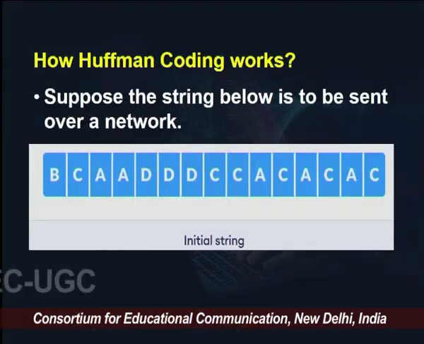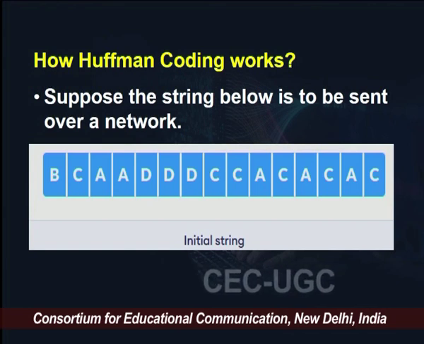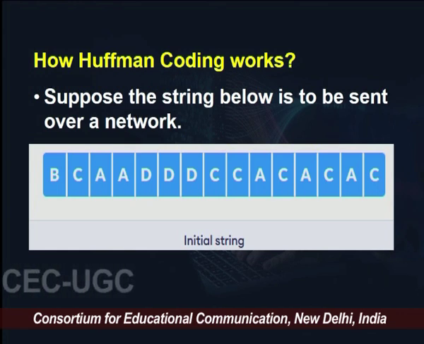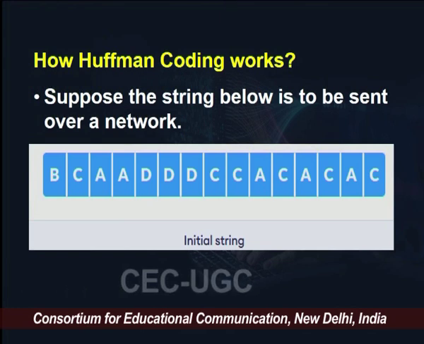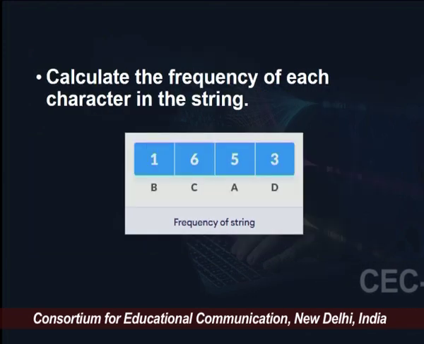If we look at that initial string of 15 characters shown on the screen and calculate the frequency of these characters, we have 4 characters A, B, C and D. Here is the frequency of all the characters.